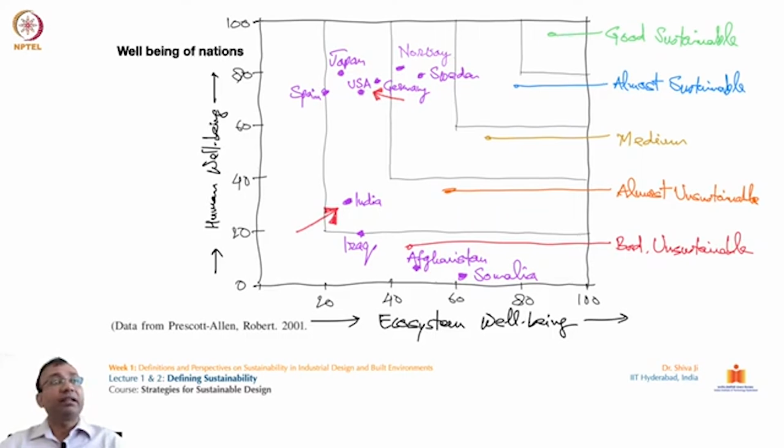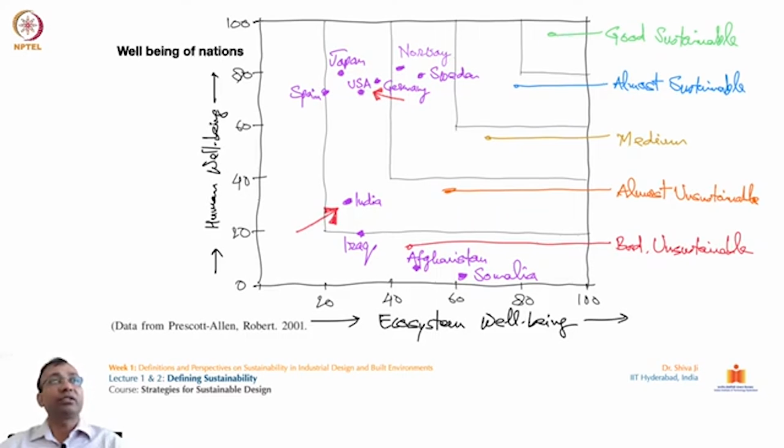Countries like India are doing fairly poorly, but on sustainability also they are not so good. Countries like Norway and Sweden are doing much better on human well-being. They are almost topping the list of human well-being countries.